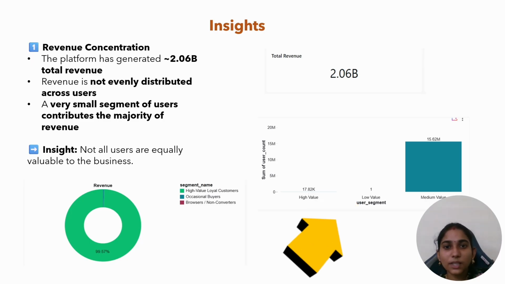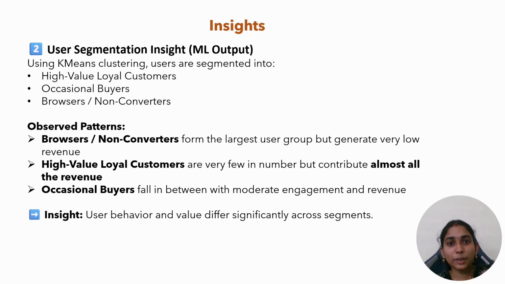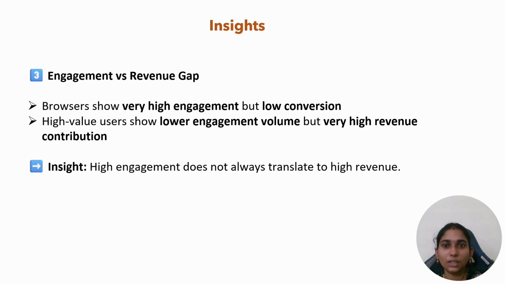A very small segment of high-value loyal customers contributes the majority of the revenue. At the same time, browsers and non-converters form the largest user group but generate low revenue. Another important insight is that engagement does not always mean high revenue, highlighting a clear engagement to conversion gap.